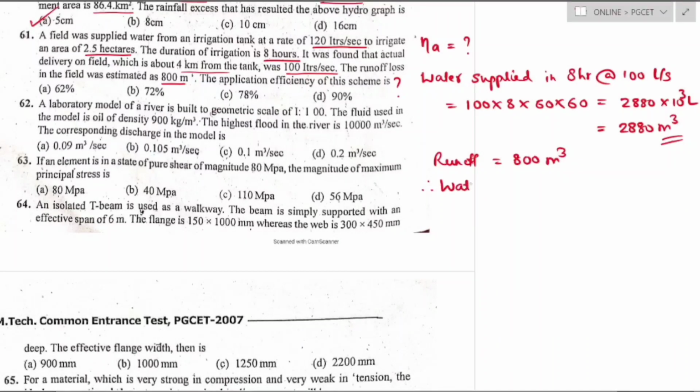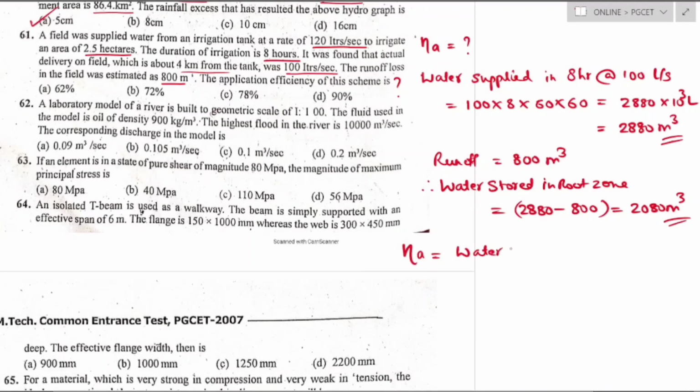Therefore, water stored in the root zone is equal to 2880 minus 800 is equal to 2080 meter cube. Therefore, water application efficiency is water stored in the root zone by water supplied to the field.